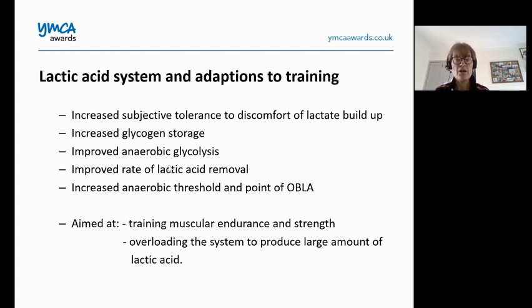So this is where you're looking at training your muscular endurance and strength, and trying to overload the system to produce large amounts of lactic acid, to improve the things we've just talked about: your subjective tolerance and your body's ability to cope with it.